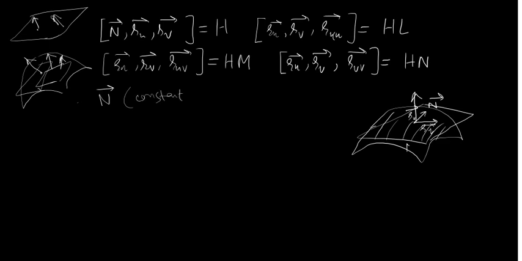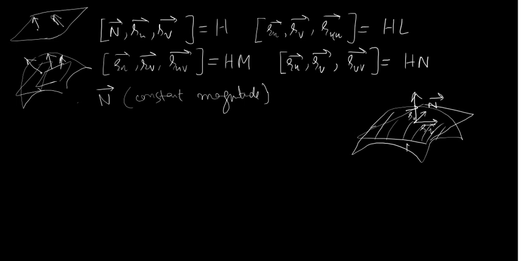If you have a vector of constant magnitude, it's rather easy to prove it is always perpendicular to its derivative. If a vector's magnitude is fixed and only its direction changes, then it must be perpendicular to its derivative. And in the case of n, because now it's a function of two variables, it must be perpendicular to its differential, because we are in two dimensions.